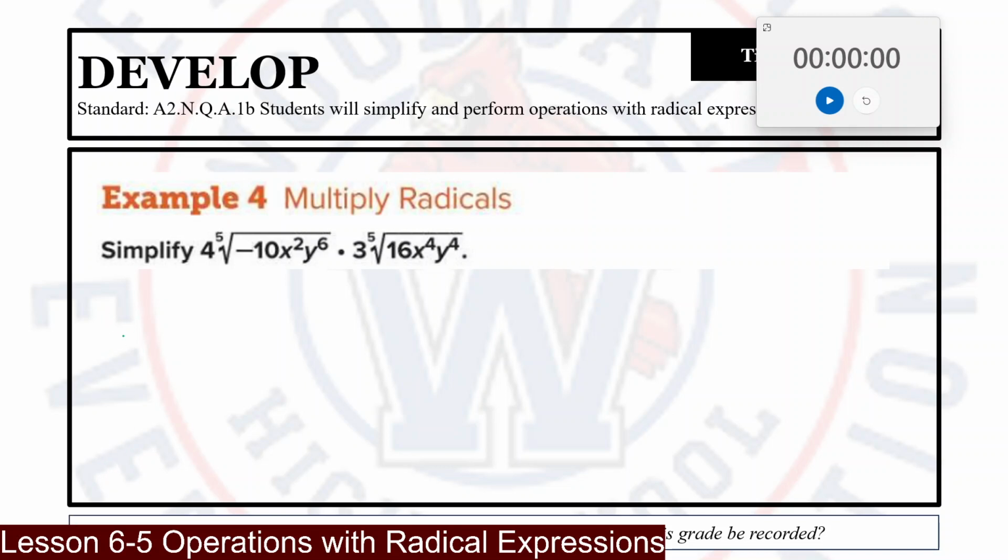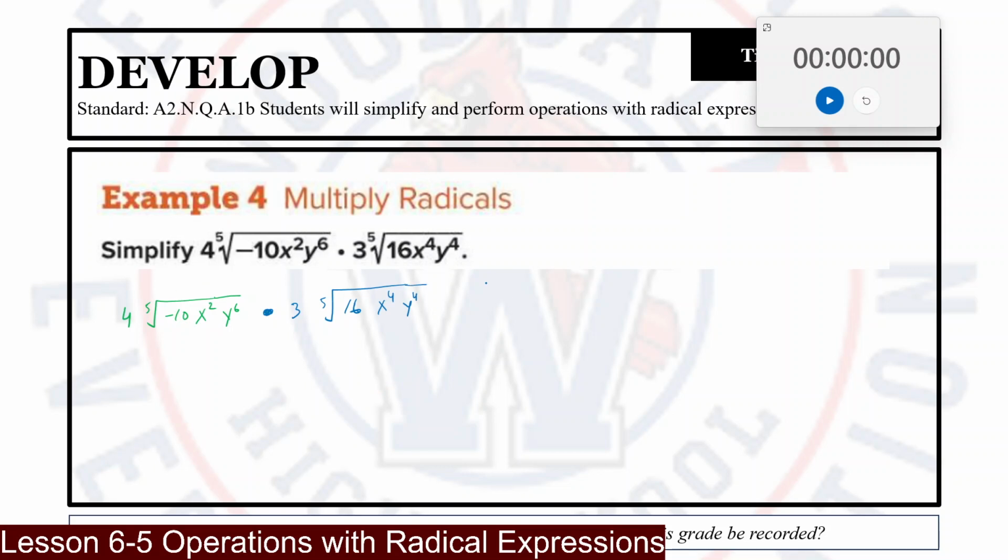So let's rewrite this. You get 4 times the fifth root of negative 10 x squared y to the sixth times 3 times the fifth root of 16 x to the fourth y to the fourth.